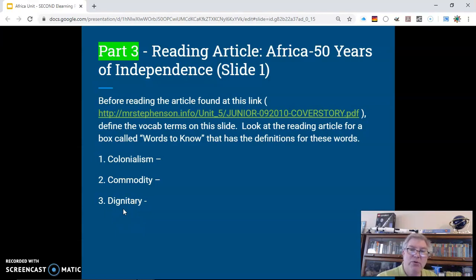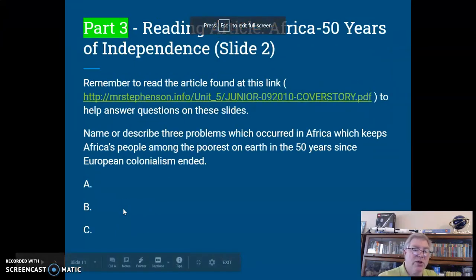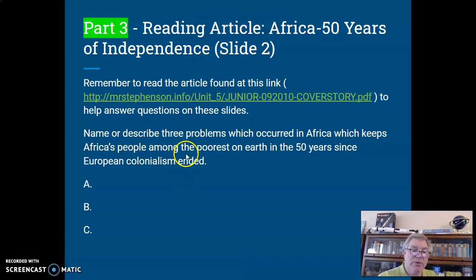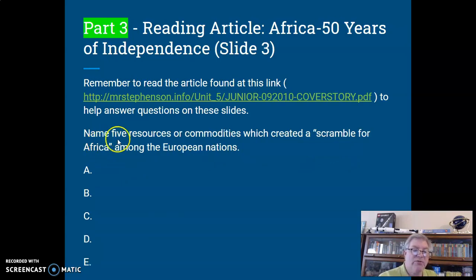As you step through part 3, the next question talks about describing 3 problems which occurred in Africa that keep Africa's people among the poorest people on earth in the 50 years since European colonialism has ended. The next question: 5 resources are commodities which created a scramble for Africa. Why did the European nations want to make colonies out of Africa?